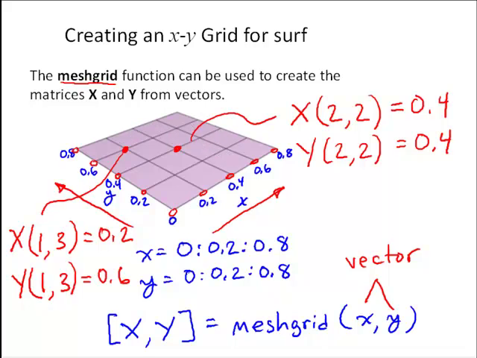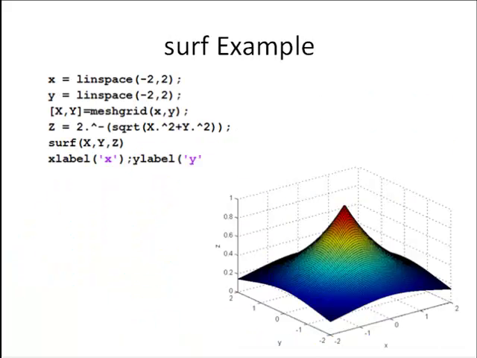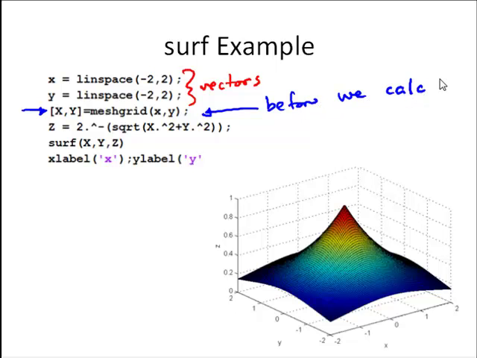So let's look at an example to generate that same cone that we generated with EasySurf. Again, we can generate x and y using linspace. We generate these two vectors using the linspace command, and then here's the meshgrid command to generate the matrices X and Y. We need to do this before we calculate z.